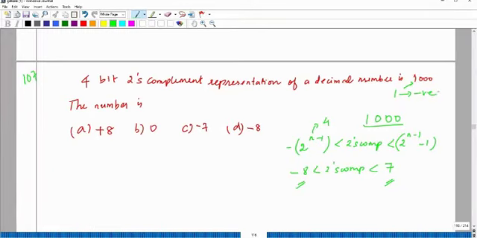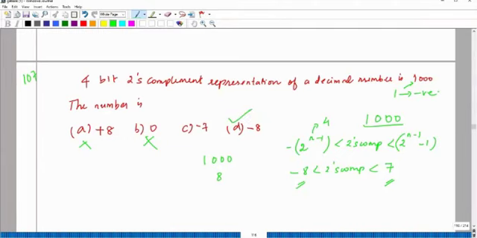Okay, so this is not your answer. Okay, so this also is not your answer. So what does 1000 mean?